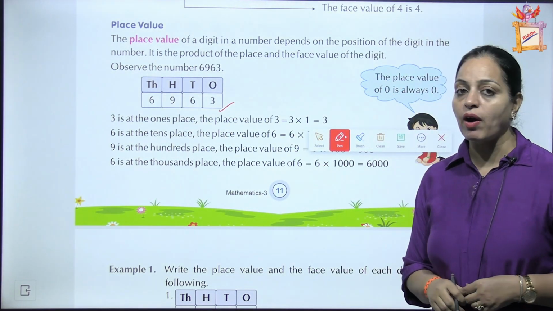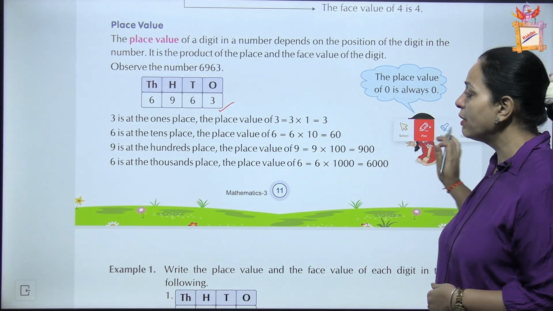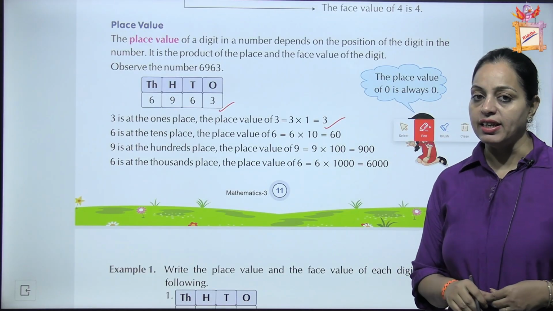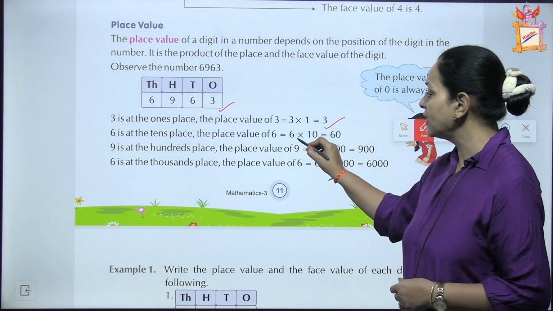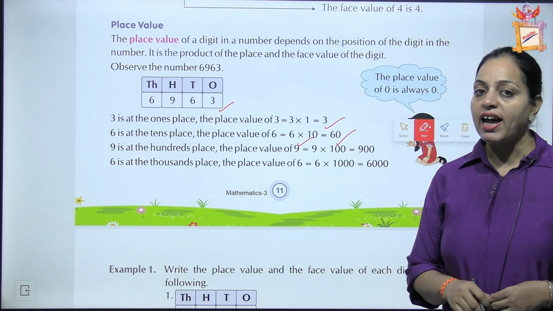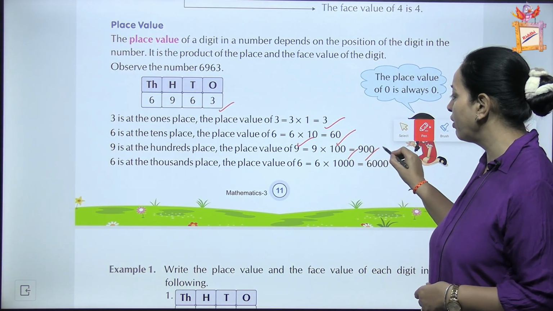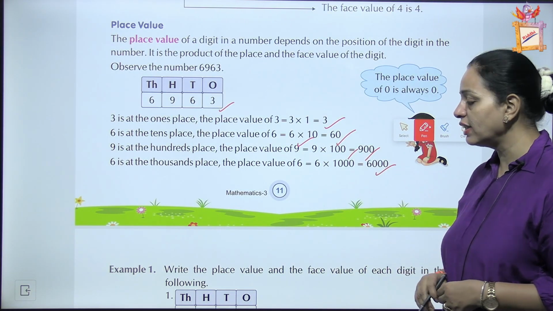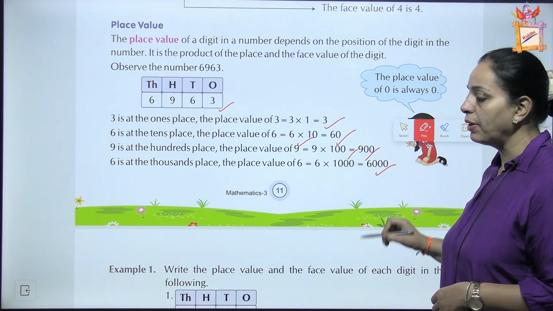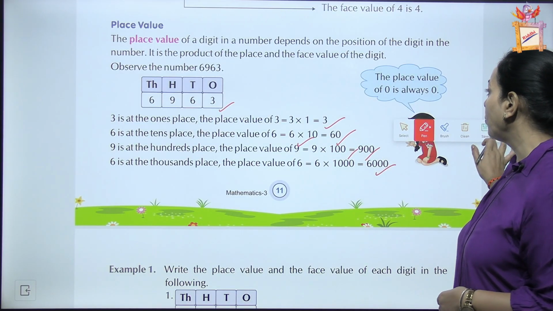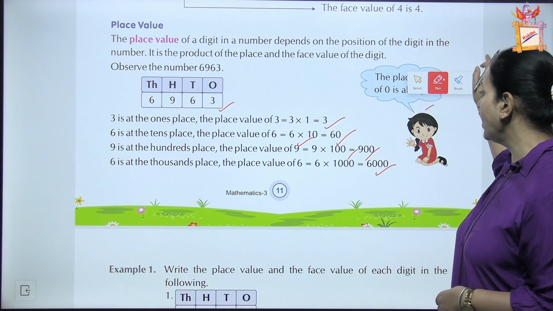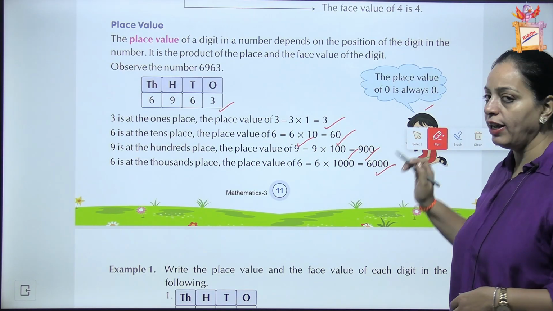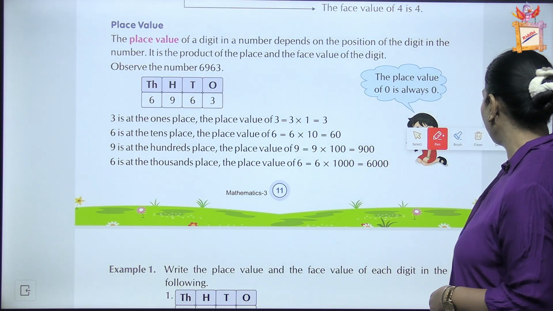So 3 is at 1's place. It means 3 multiplied by 1, that is 3. 6 is at 10's place, 6 into 10, 60. 9 is at 100, 9 into 100, 900. And 6 is at 1000, 6000. So these are the place values, and the place value of 0 is always 0. Okay, keep in mind this thing, very important.